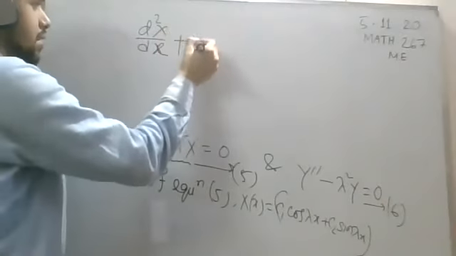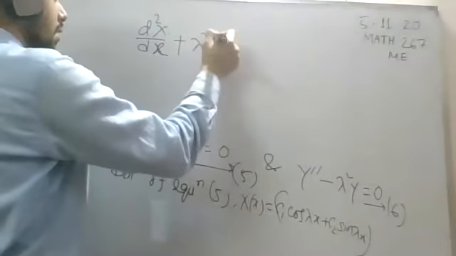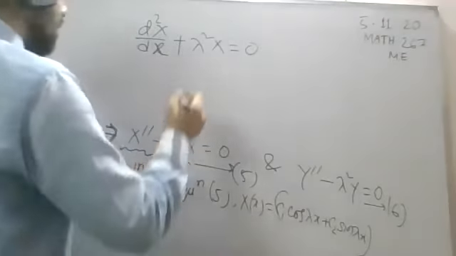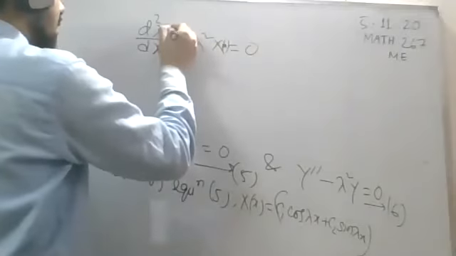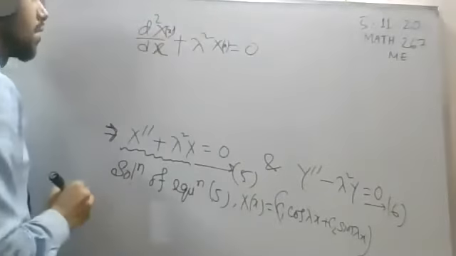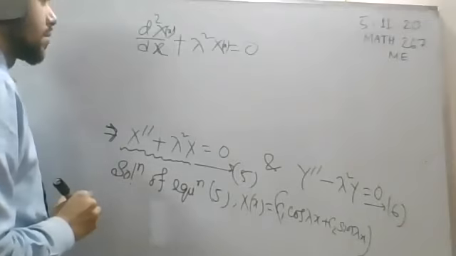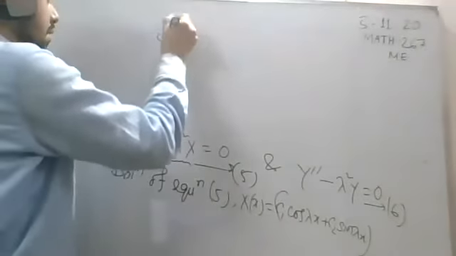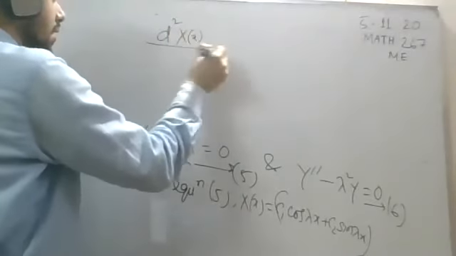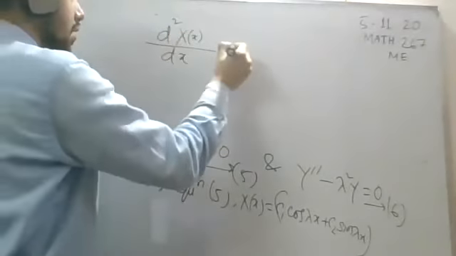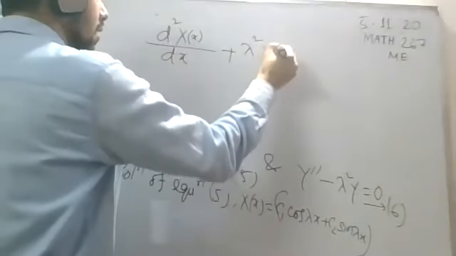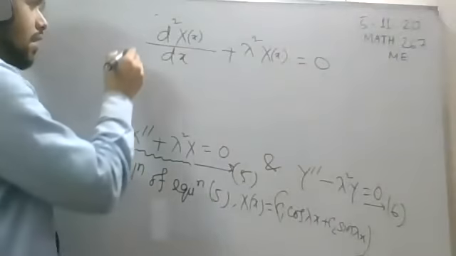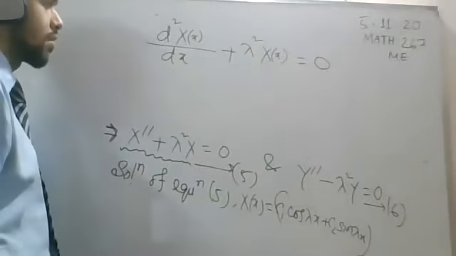So here is your differential equation, d square x by dx square plus lambda square x equals 0. So how can we find the complementary function from here?